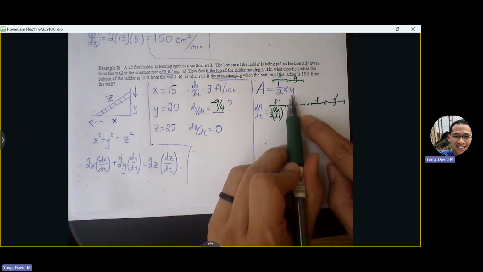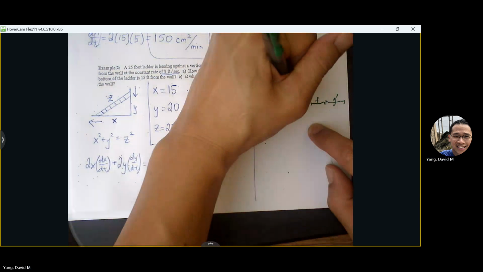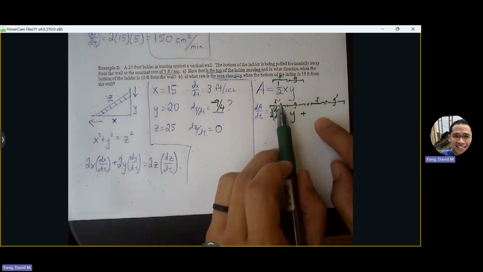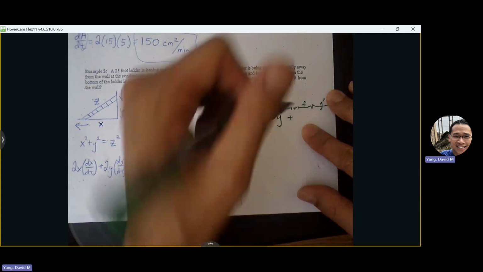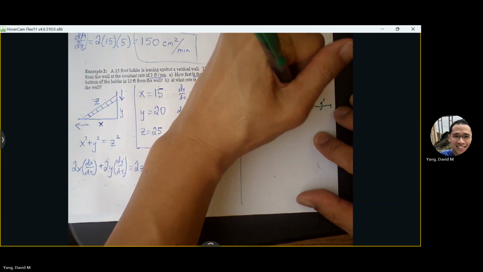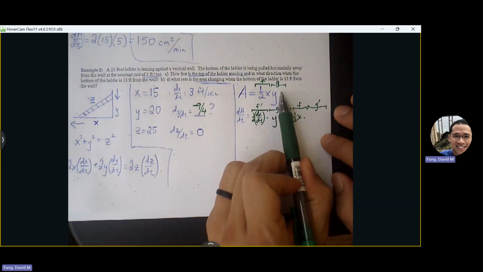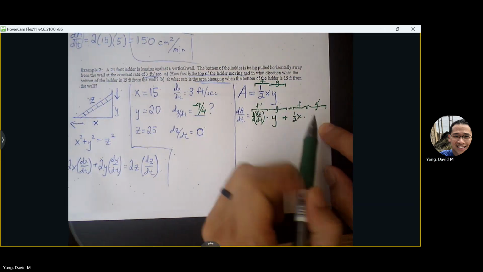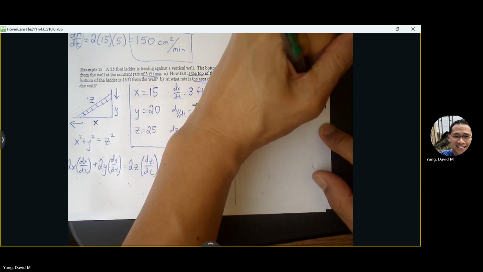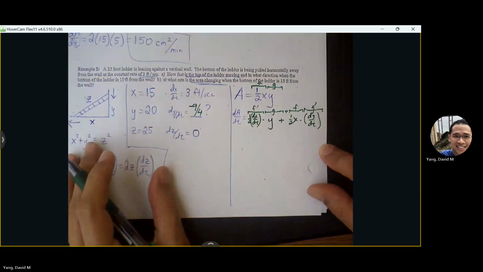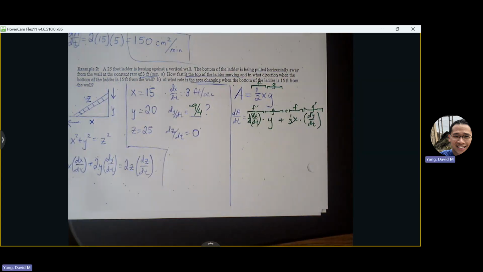The g is the y, no changes. The f doesn't change, 1/2 x. And g prime, what does y become? dy over dt, yeah.